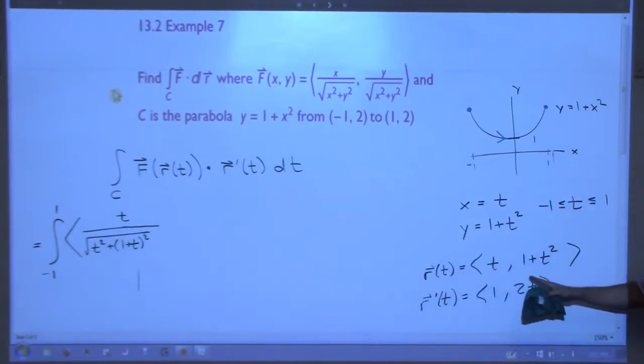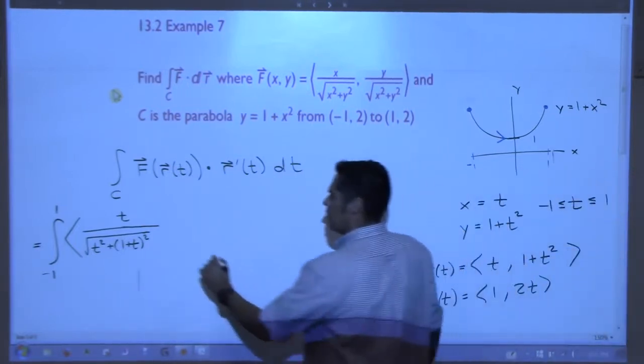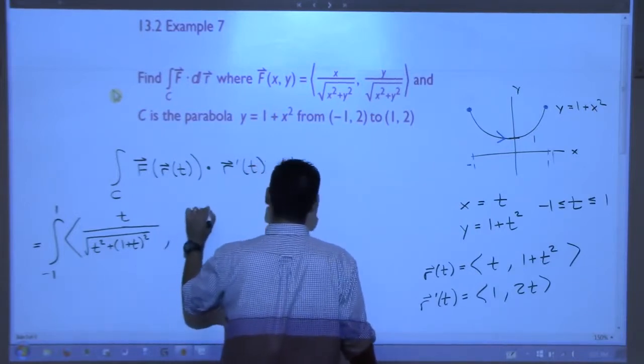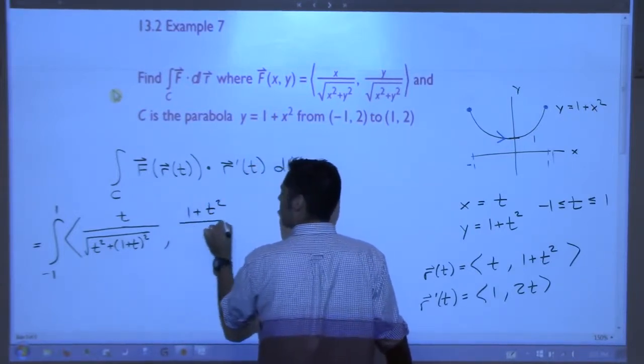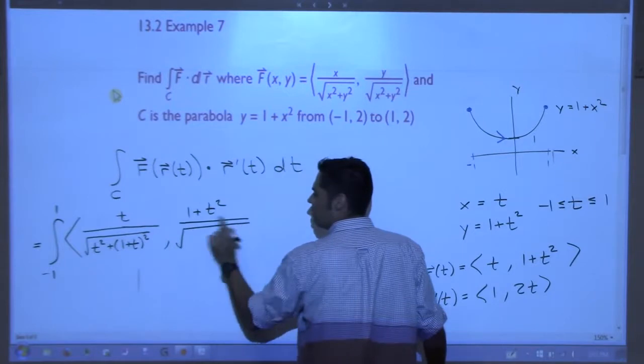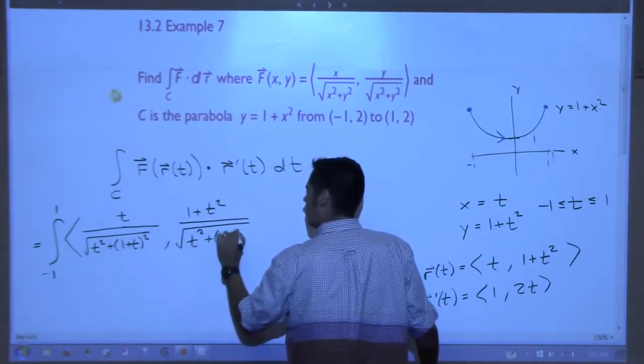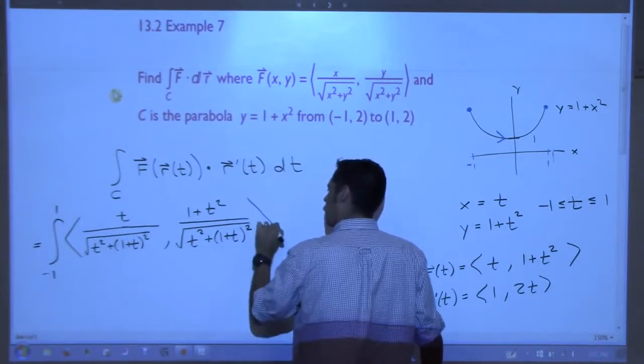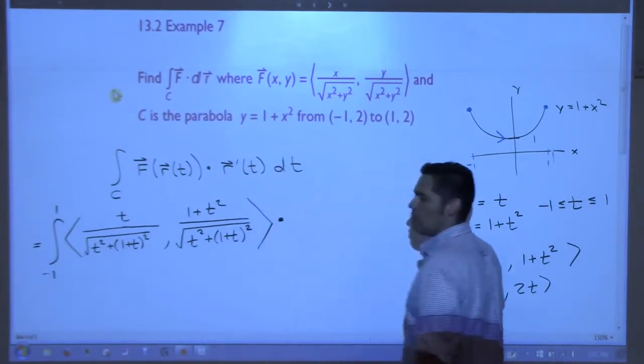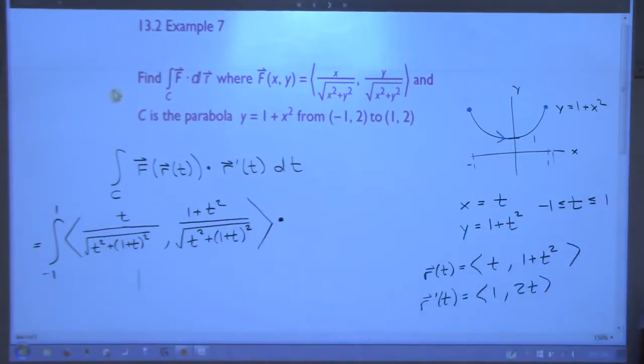And then the y, so I do 1 plus t squared over the same exact thing that I had over there, right? Any questions on that piece? This is the x, this is the y.